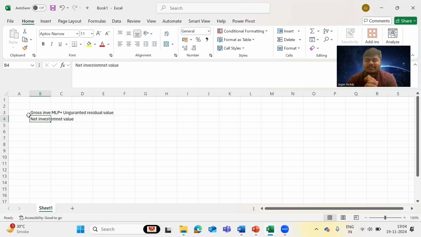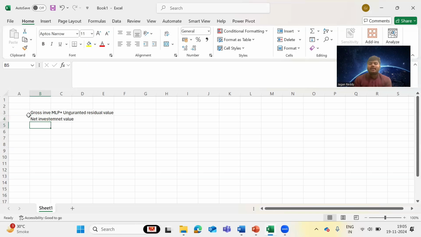Gross investment is all monthly rentals plus guaranteed residual value plus unguaranteed residual value, whereas net investment is the present value of the gross investment value.